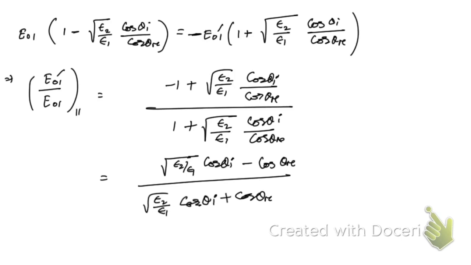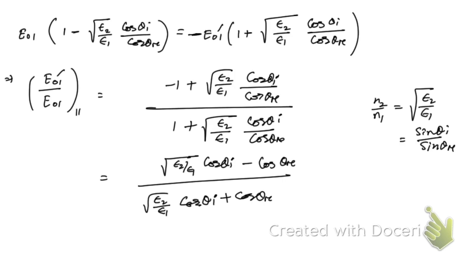Now you see, we have already got that n2 by n1 is equal to root over epsilon 2 by epsilon 1, which is also equal to sine theta I by sine theta r. We have already used these relations.